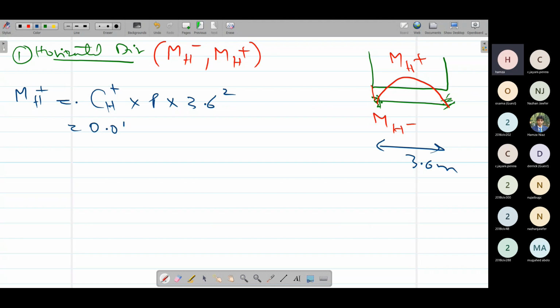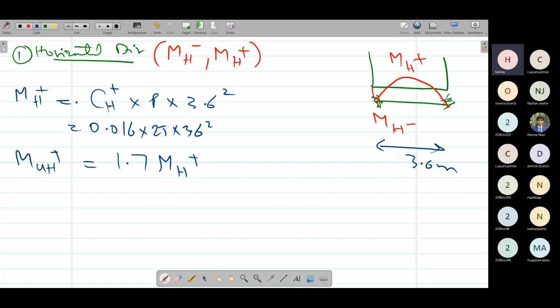So 0.016 into 25 into 3.6 whole squared. This way we can get the positive moment, and the ultimate positive moment MUH would be simply 1.7 times MH positive. Simply whatever value came above, multiplied by 1.7.